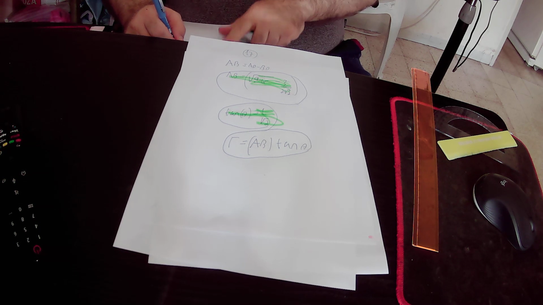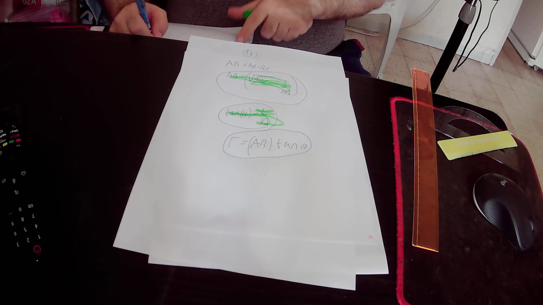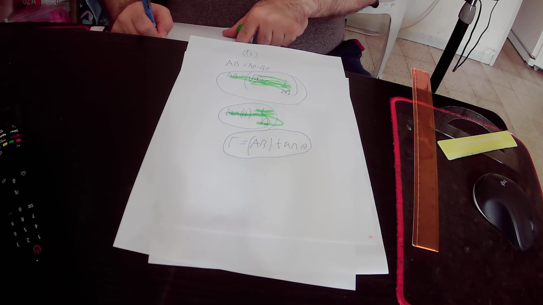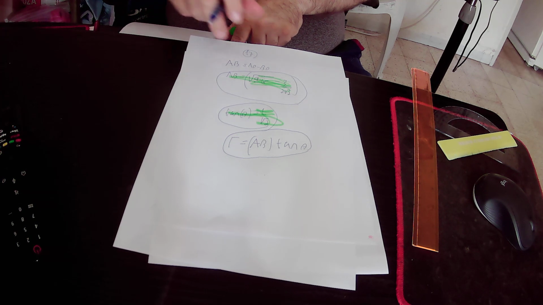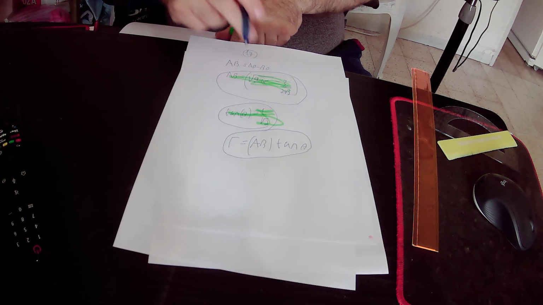AB is the root of 9 minus 6R minus 3 over 2 times root 2. This is AB times tangent theta, and tangent theta is 1 over root 2.